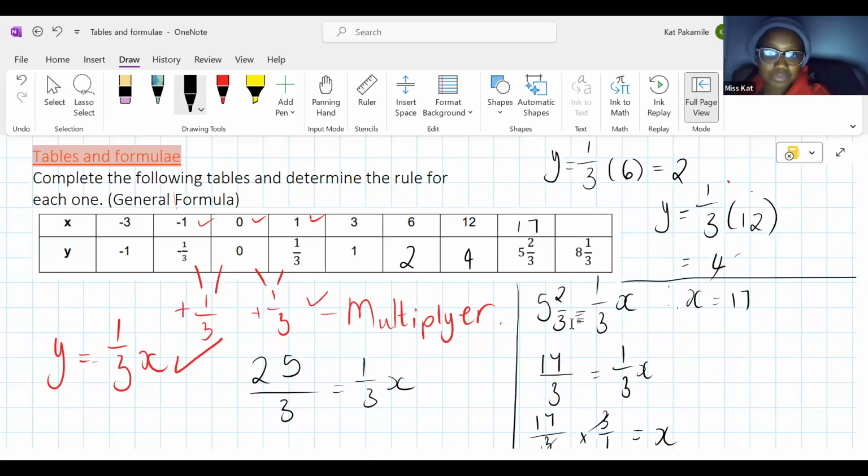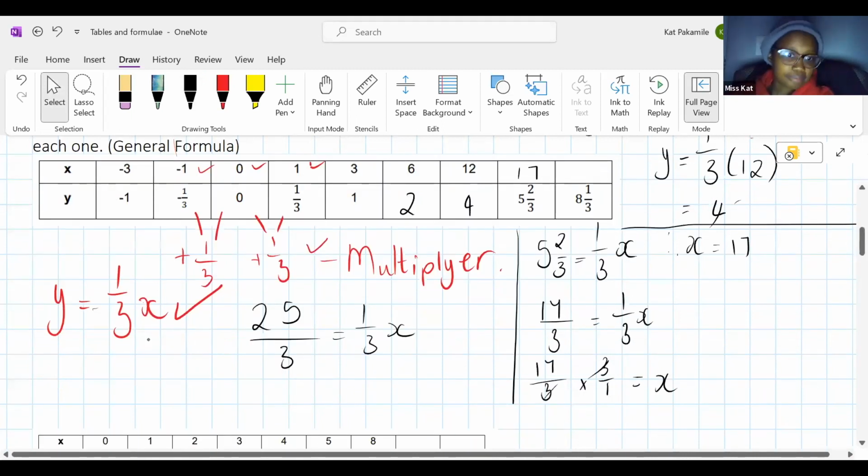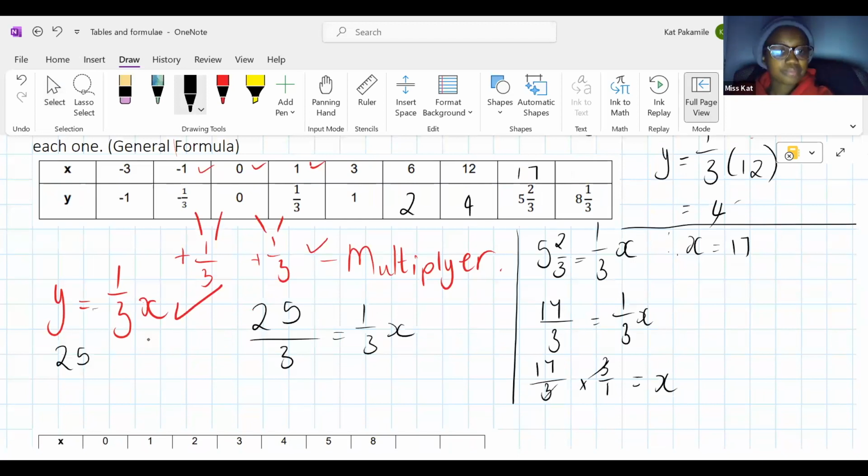And then we're going to say 25/3 times 3/1 equals 1 over 3 times 3 over 1 x, or we can just leave it, and 25 equals x. That's going to be our answer. Thank you very much. X equals 25. That was beautiful.